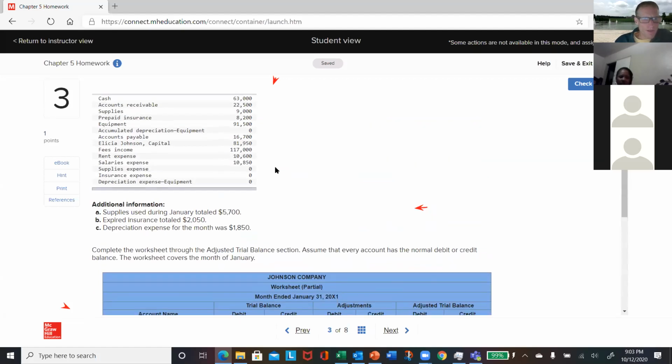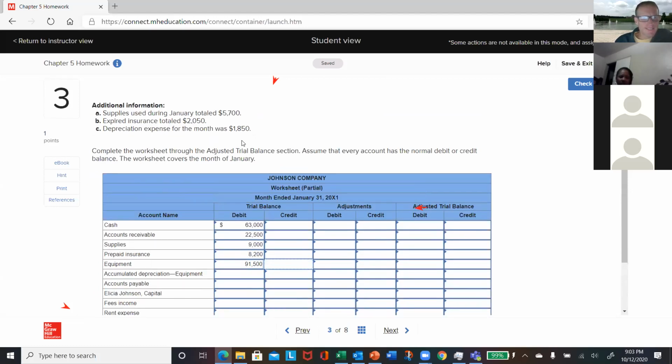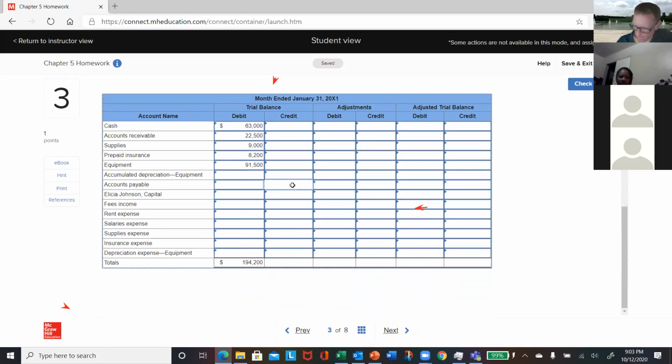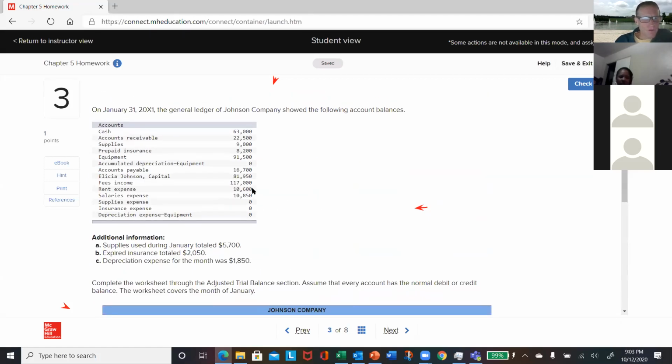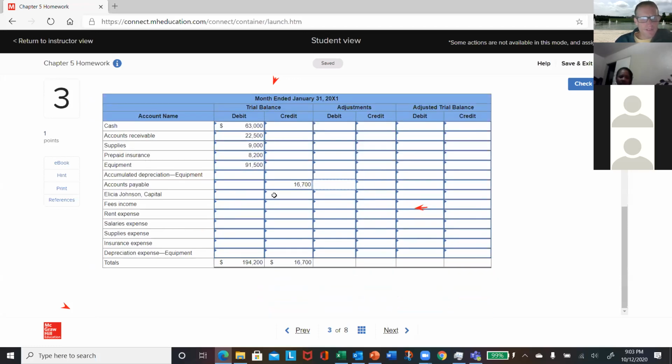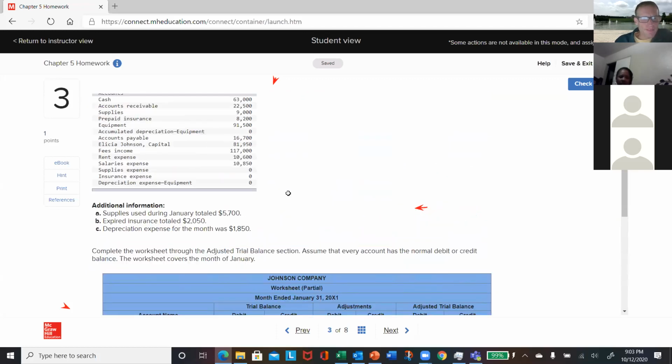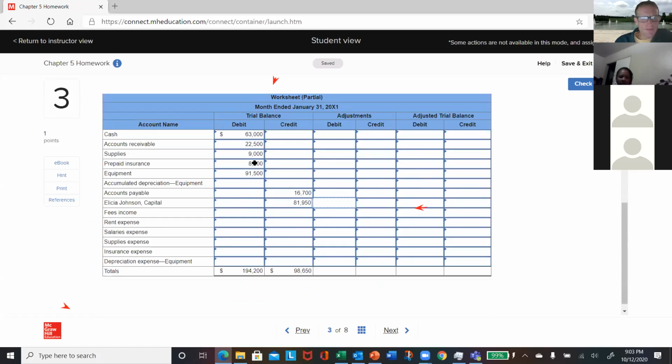And then I go to accumulated depreciation, which is 0, so that's good, nothing yet. Accounts payable is a liability, $16,700. Notice I put that on the credit side. Capital is $81,950. Credit. Fees income is 117,000.